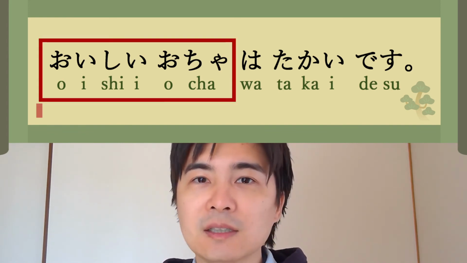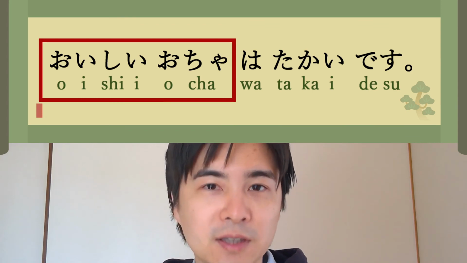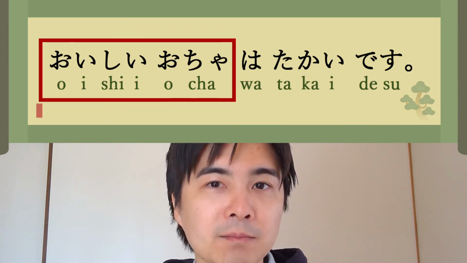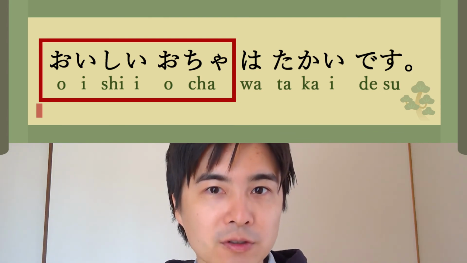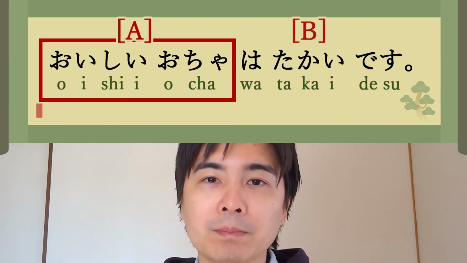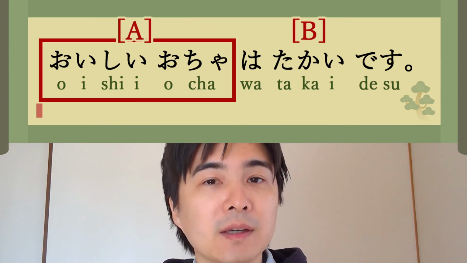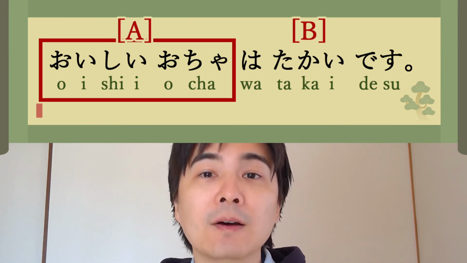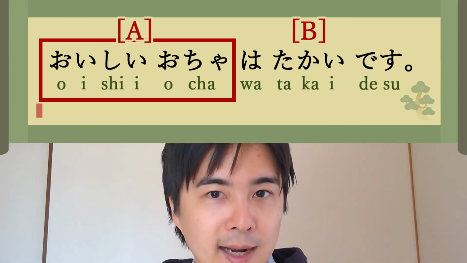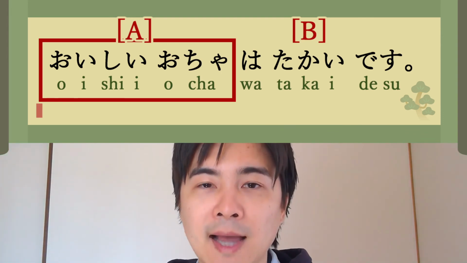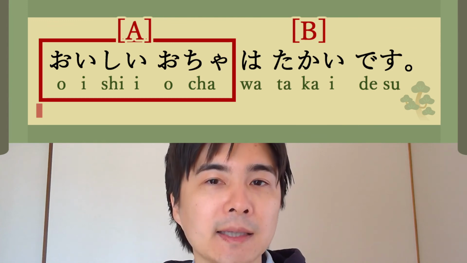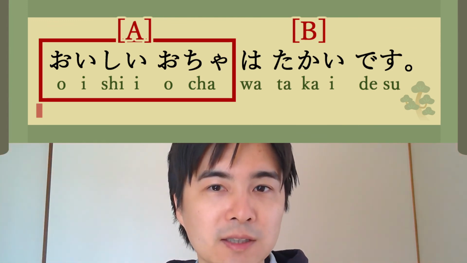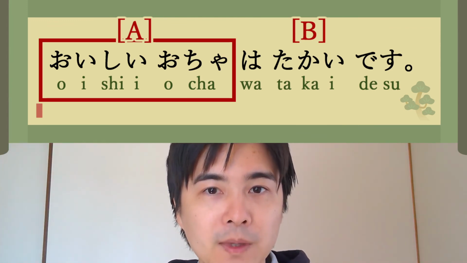So 美味しいお茶 is delicious tea. And 高い means expensive. This sentence follows the sentence structure A は B です。In this case, A is 美味しいお茶 and B is 高い。So 美味しいお茶は高いです means delicious tea is expensive.